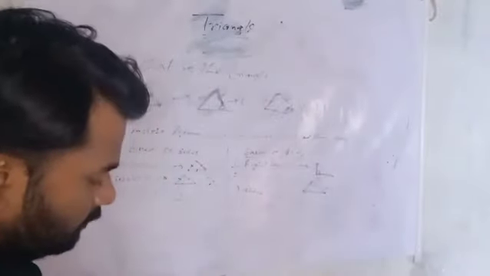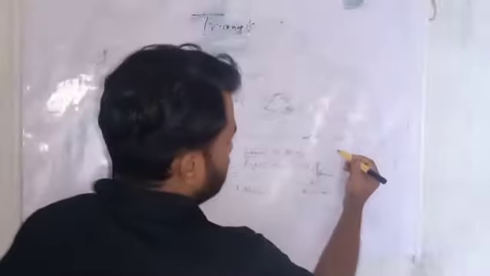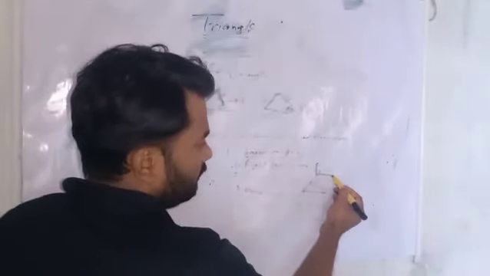If you know about the triangle and types of the triangle, the main thing now is the measurement of the triangle, how to measure it. If I see any figure like this triangle, then I can think how to measure it.